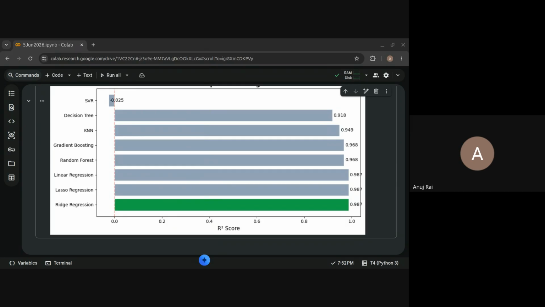Classification predicts a category or class. For example, let's say you have an e-commerce platform and a visitor visits your website.